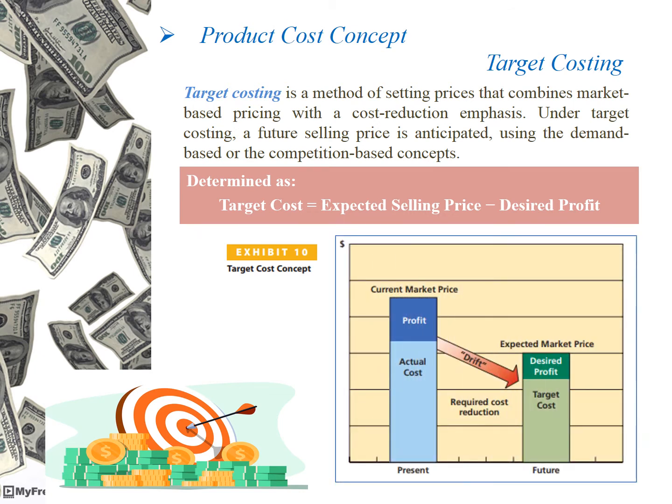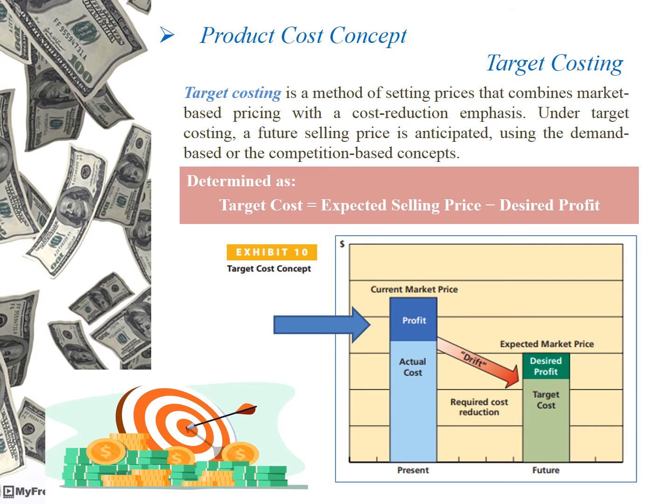Target costing tries to reduce cost as shown in Exhibit 10. The bar at the left in Exhibit 10 shows the actual cost and profit that can be earned during the current period. The bar at the right shows that the market price is expected to decline in the future.